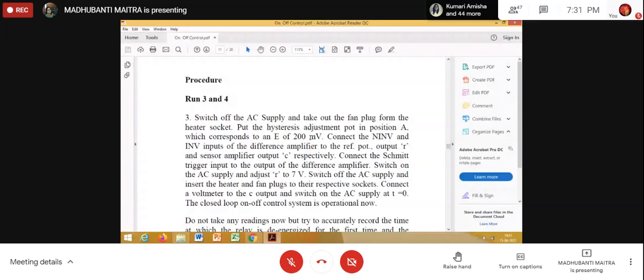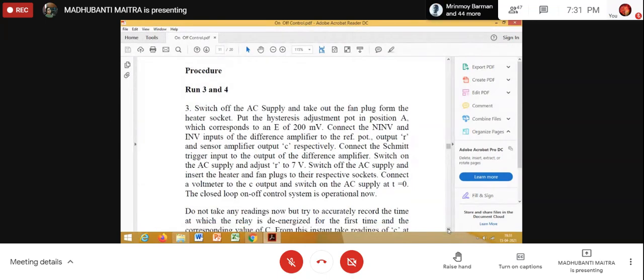Yes, ma'am. As we have discussed, we have connected this particular terminal of the error detector to the reference input, and now the other terminal of the error detector will be connected to the output of the sensor amplifier and level shifter, right?